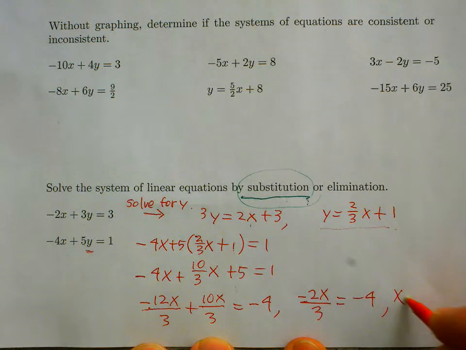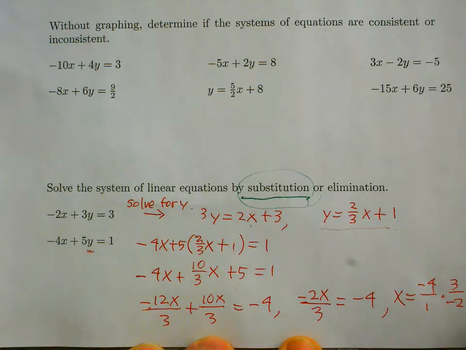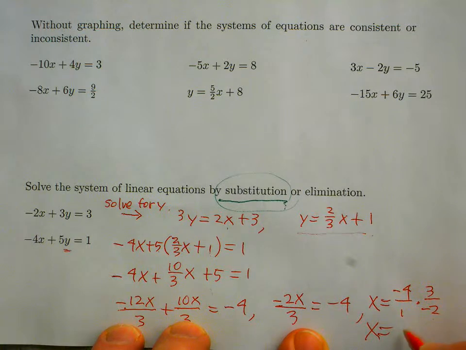And we get x equals negative 4 over 1 times 3 over negative 2. And I get negative 12 divided by negative 2, which is positive 6. Okay, so x equals positive 6. That's the x coordinate of the solution.